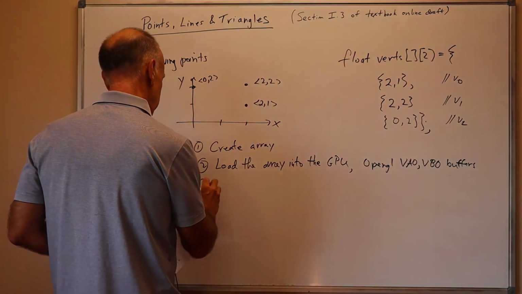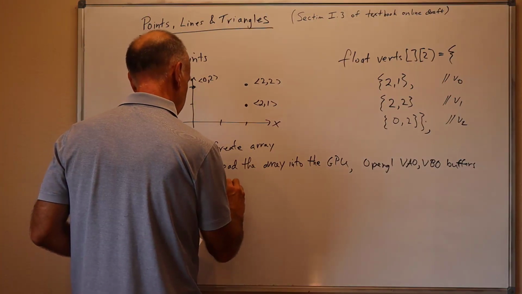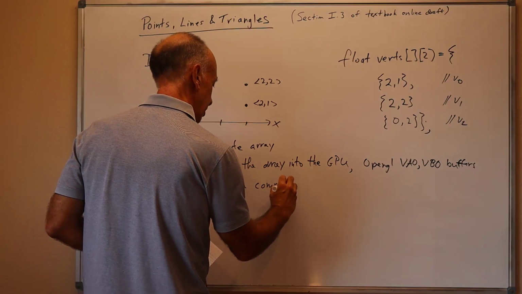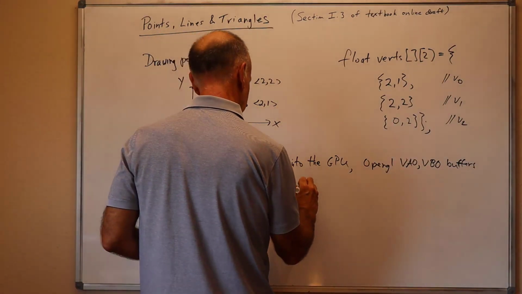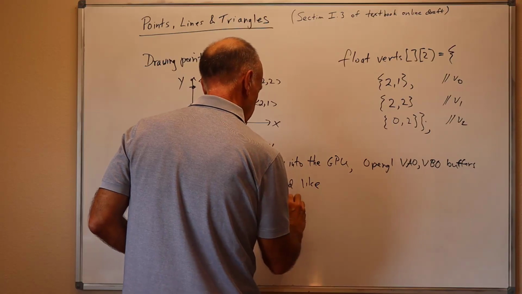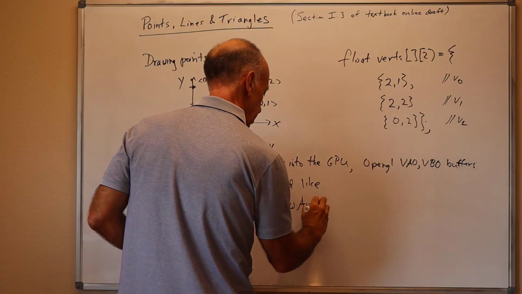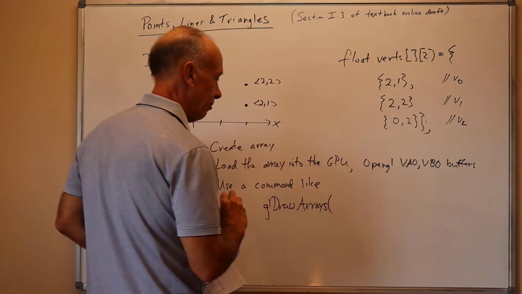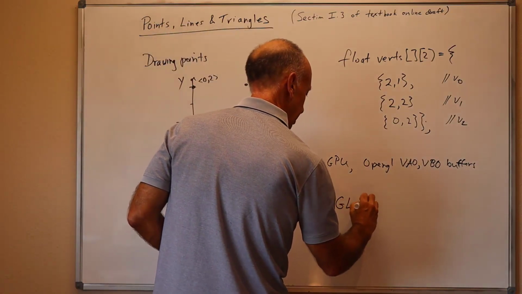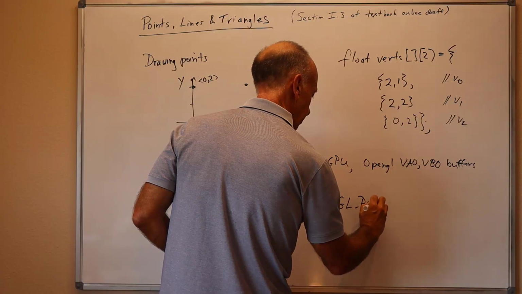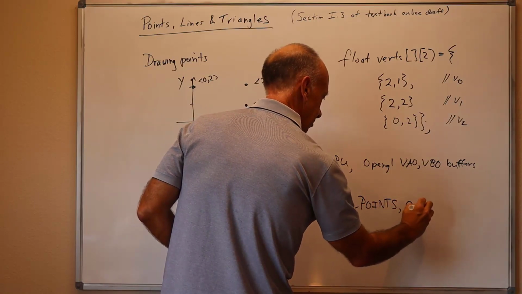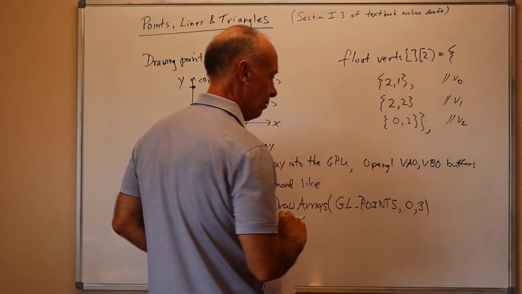And the third step is to use a command like glDrawArrays to issue the draw command. We want to tell glDrawArrays we're drawing points, and that's used with the parameter GL_POINTS, and I'll say we start with the 0th point and we include 3 of them.